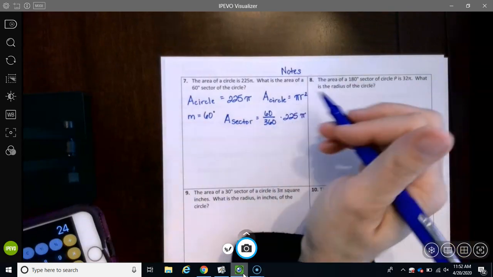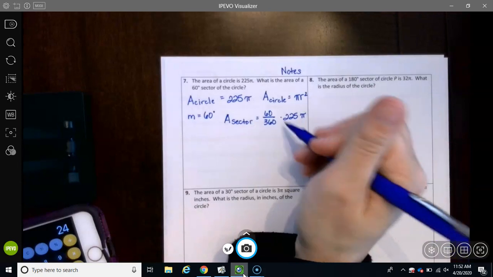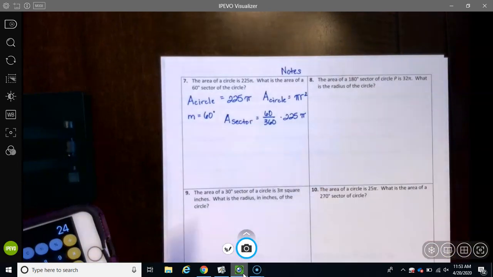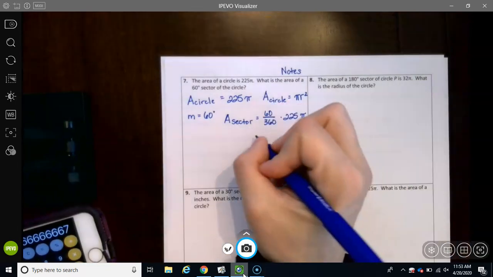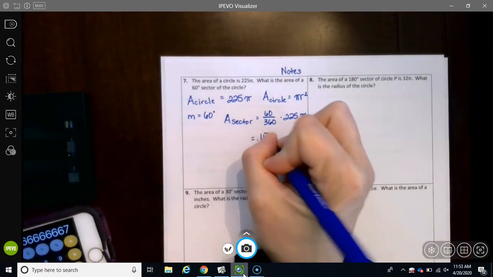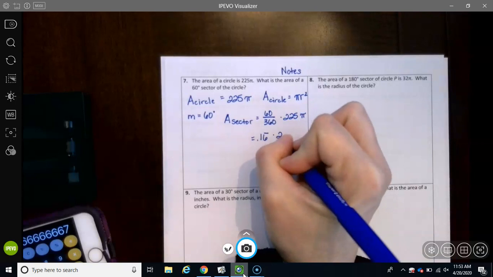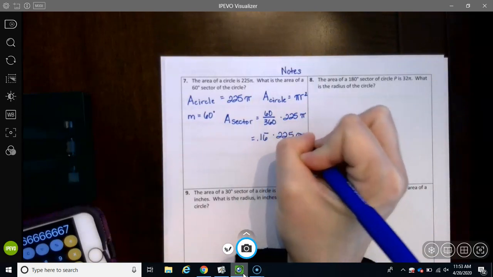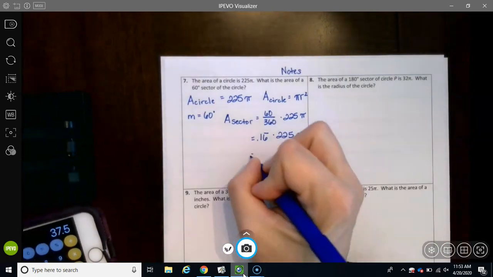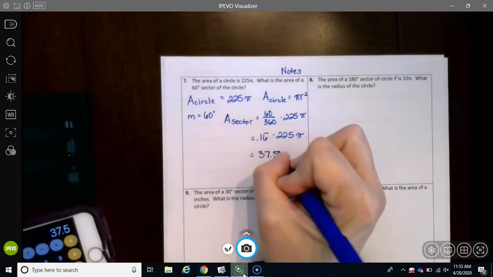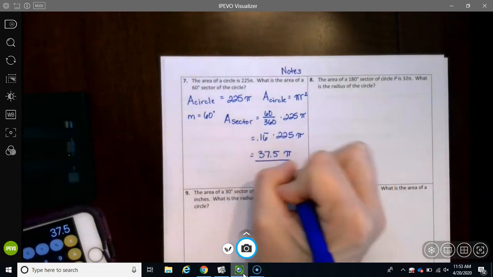They already did the pi r squared part for us, and we just plug that in right there. So 60 divided by 360, we said gave us 0.16, where the 6 is repeating. Take that times 225 pi, and we get 37.5 pi for our answer.